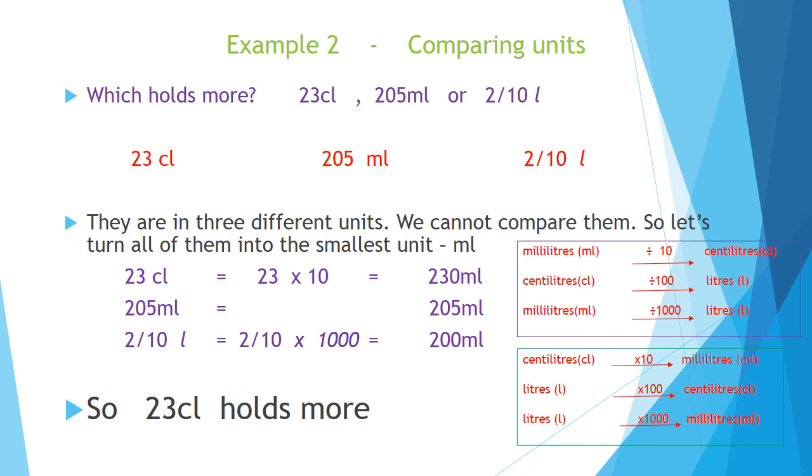Look at the last one. 2/10 of a liter. Liters into milliliters, we have to multiply by 1000. So 2/10 times 1000 is 200 milliliters.